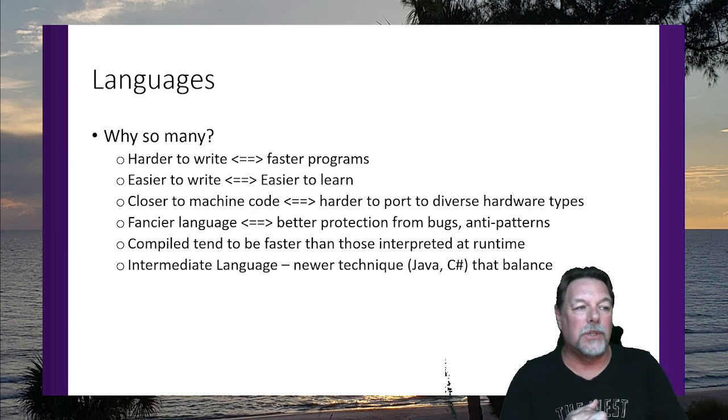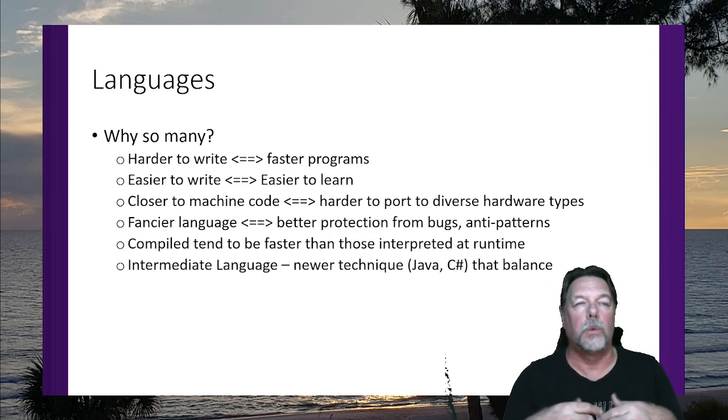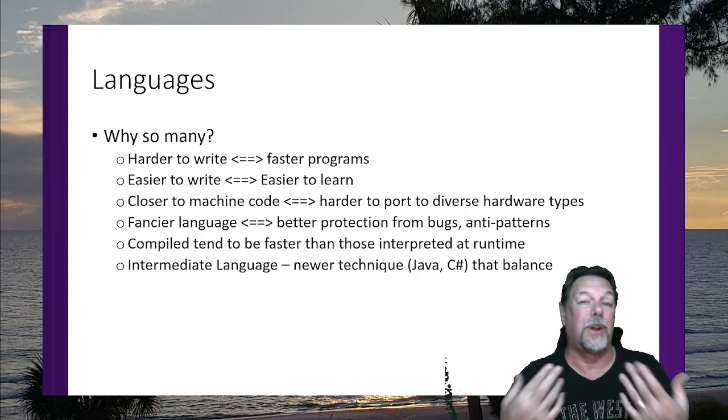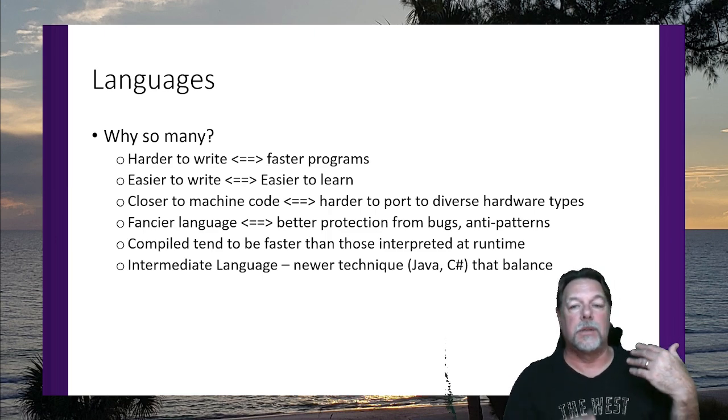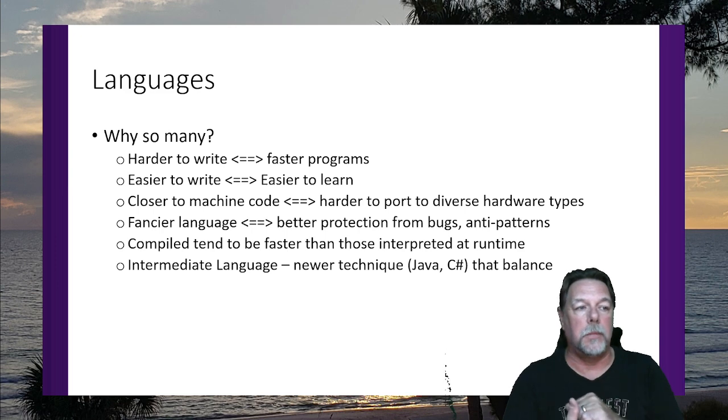The compiled languages, I would say they tend to execute faster. You can produce faster code, which is the reason why C++ is the language that most computer games, Xbox, PlayStation games are going to be written in, because they need that power. They need to be able to leverage the hardware the most and produce the highest performing code.